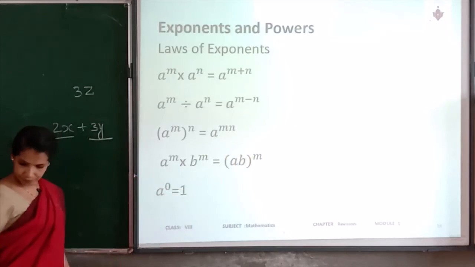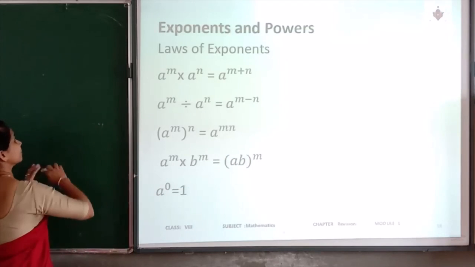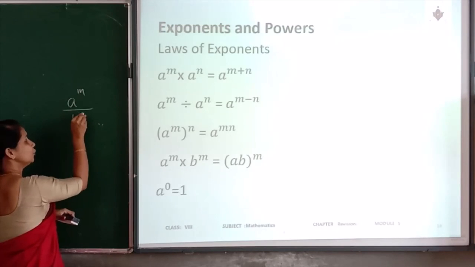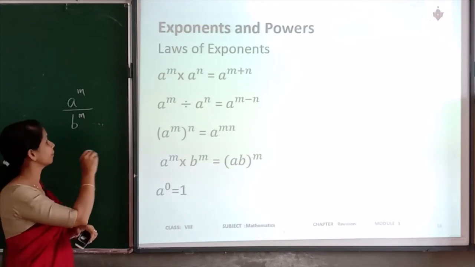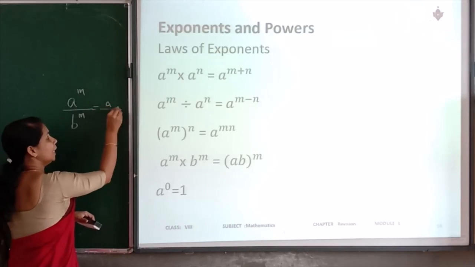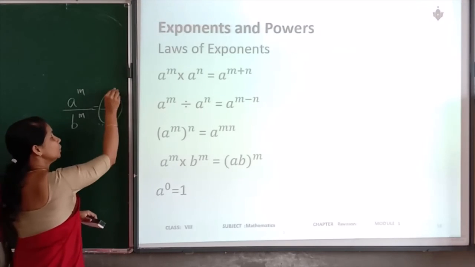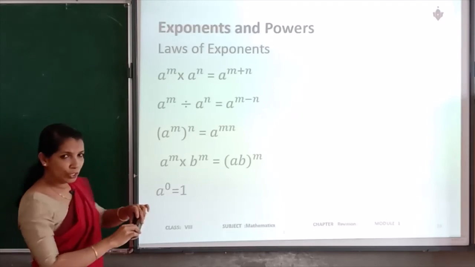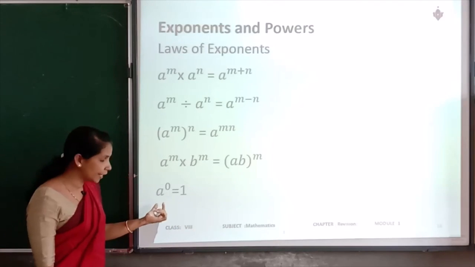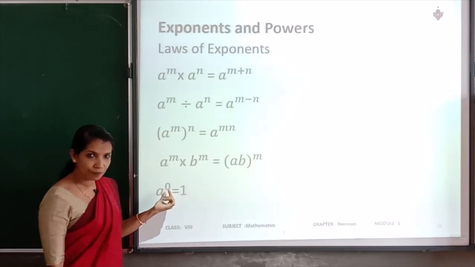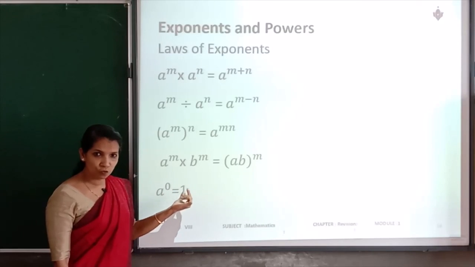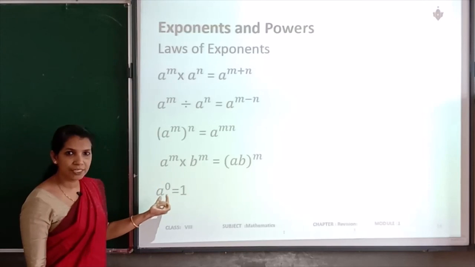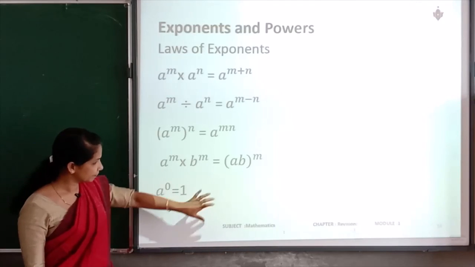And if it is a raised to m divided by b raised to m, it will be what? a by b all raised to m. What will be the value of any number raised to the power 0? That will be equal to 1. So generally we can say a raised to 0 is equal to 1.